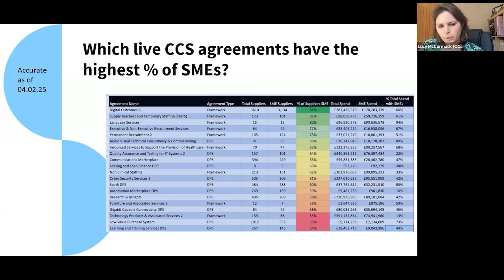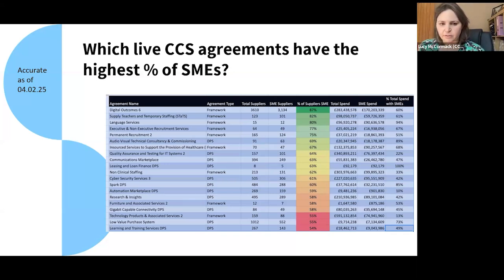You won't see the open frameworks or dynamic markets that I mentioned, because obviously they're newly introduced from the end of February. And the one at the very top, Digital Outcomes 6, is no surprise, because it's always had quite a low bar for entry, and deliberately so, in order to be able to encourage SMEs. And you can see in the specific number as well, over 3,000 SMEs.